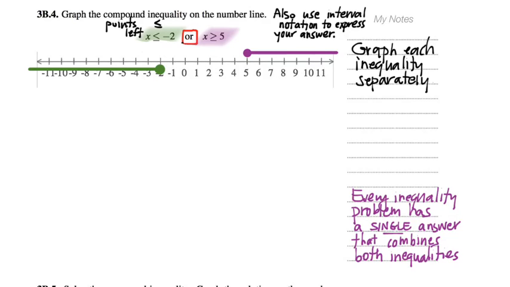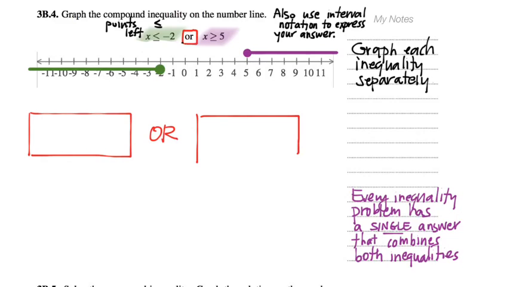So if I have two logical statements, and they're connected with the word OR, so let me just pick something out of thin air. I am the President of the United States, or it rained in Bridgewater today.